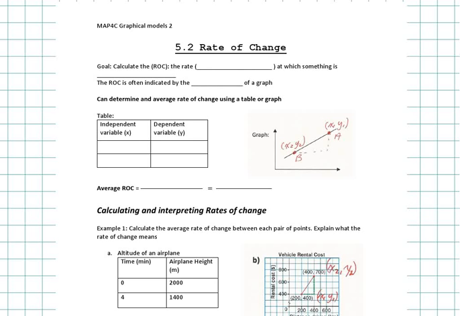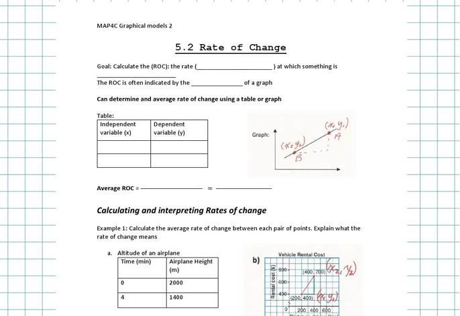Okay, so moving on to rate of change. The word rate of change means the slope. Whenever you're looking at a graph, we're looking at 2 points, and we're finding the slope between these 2 points.